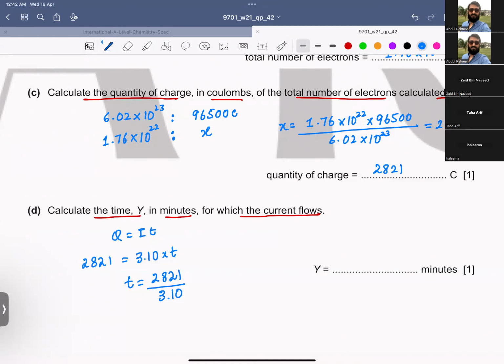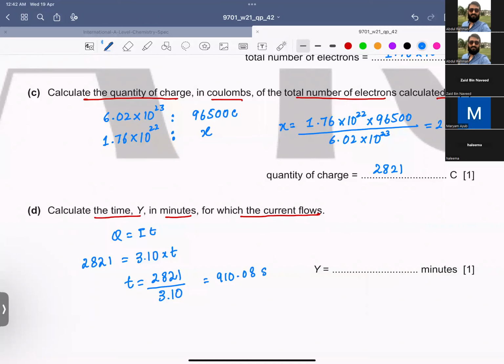What is the answer over here? 910.08. Sorry, can you repeat? 910.08, and it would be in seconds.